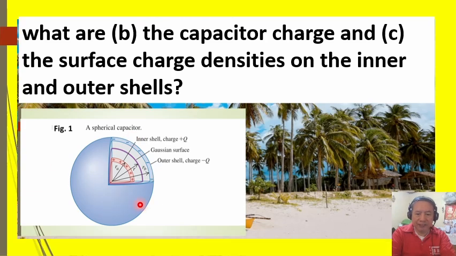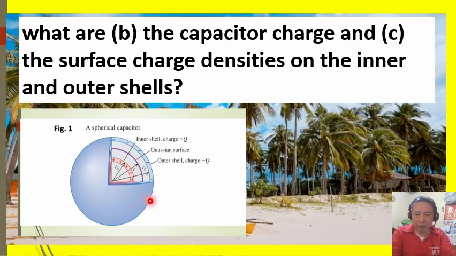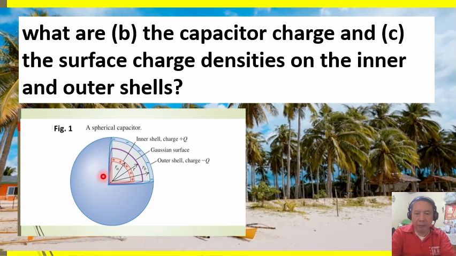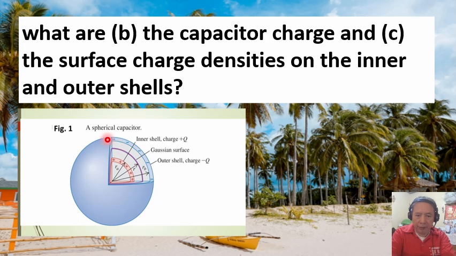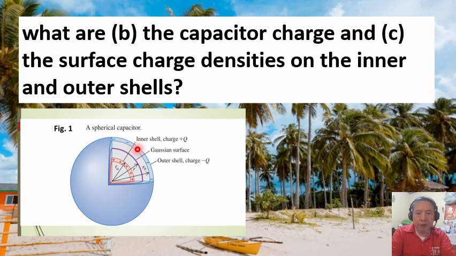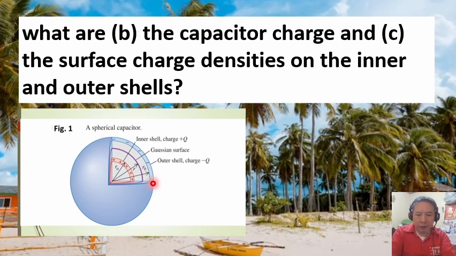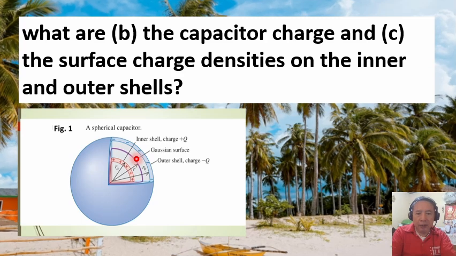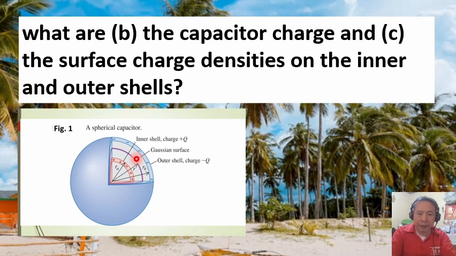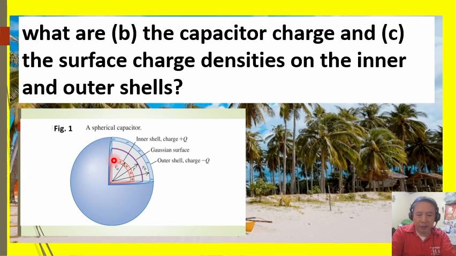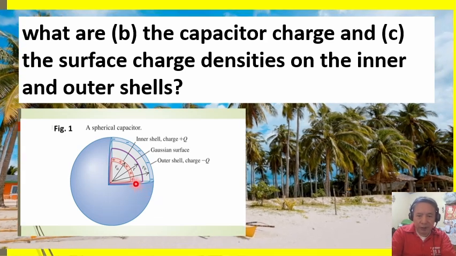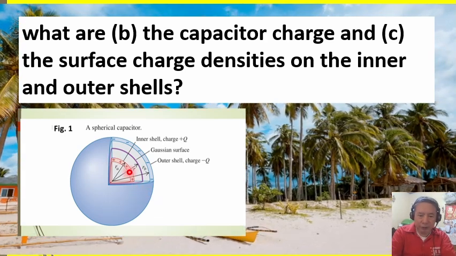As emphasized in figure 1, we have the schematic diagram of the spherical capacitor. The outer shell is the negatively charged surface, and the inner shell is the positively charged surface.